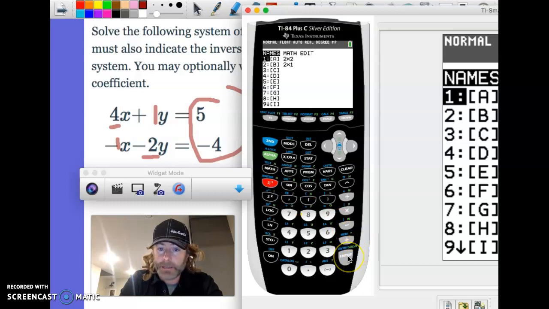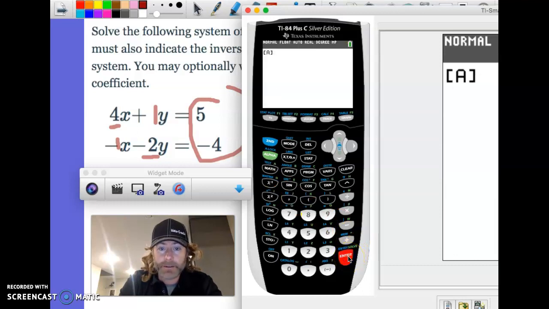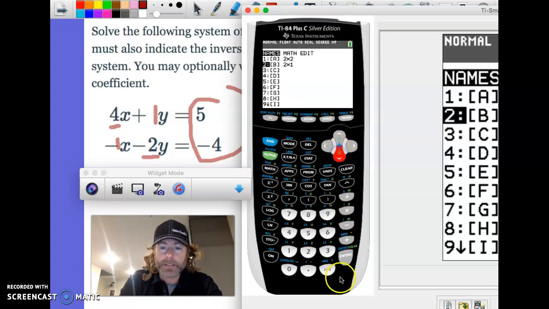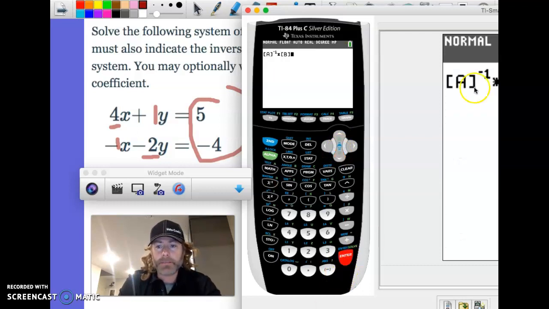I'm going to select matrix A by hitting enter. You can see it puts brackets and it's labeled matrix A. I'm going to use this inverse button right here. It's the button right where I usually hit matrix. So it's inverse A times, and now I'm going to go second matrix. I'm going to now select matrix B. That's my constant matrix, and there we go.